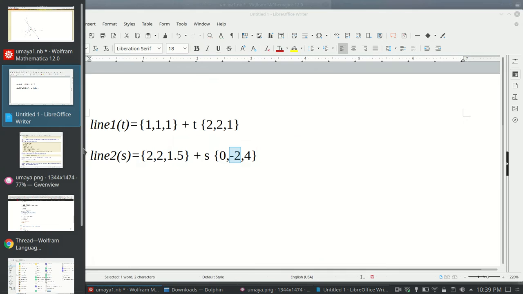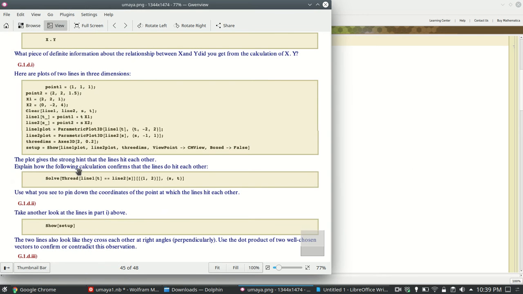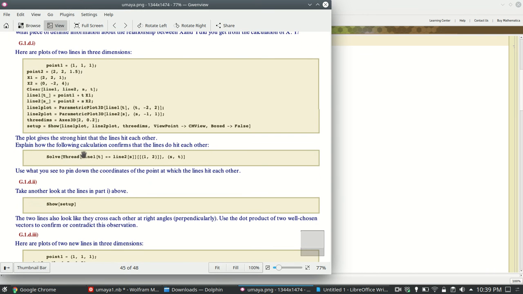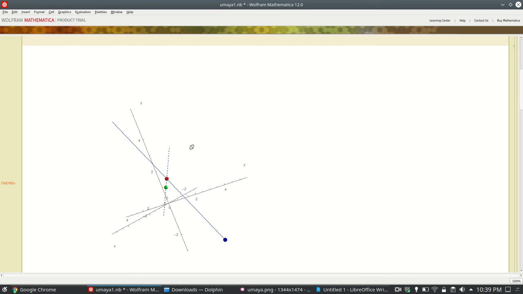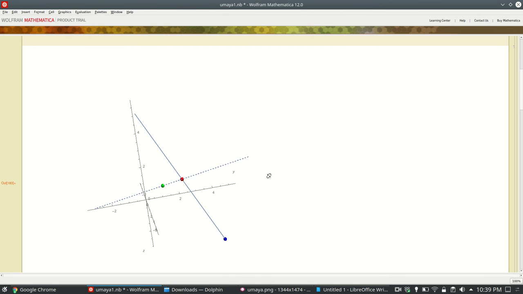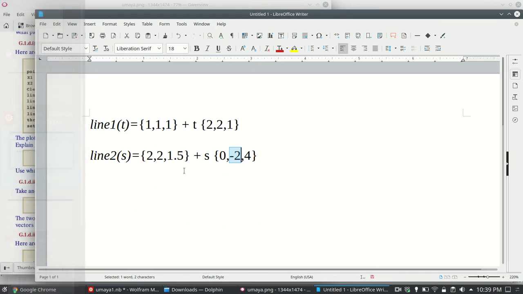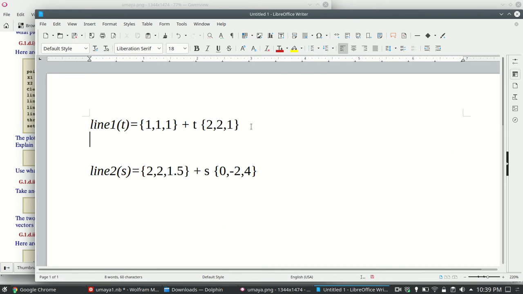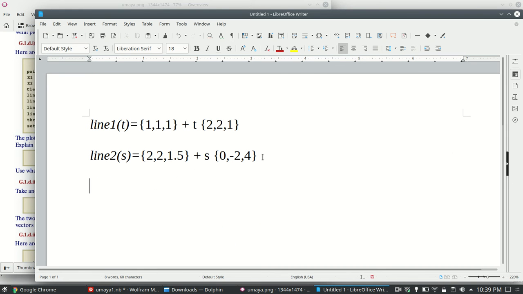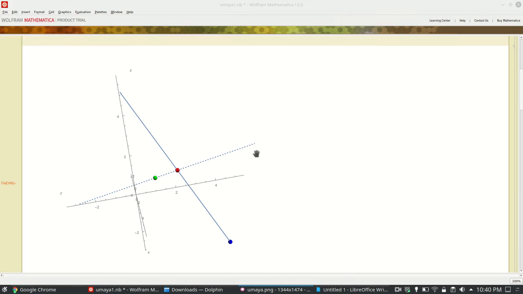And the next question on the problem that you sent me was to pin down the coordinates of the point at which the lines hit each other. So I have done that with this red dot. Right now, the way I found the red dot was I solved the equation. So if your s was equal to 1/2 and your t was equal to 0, is that what we had?